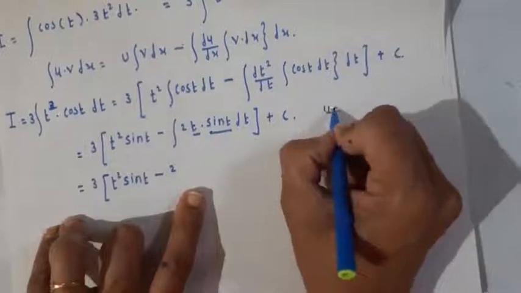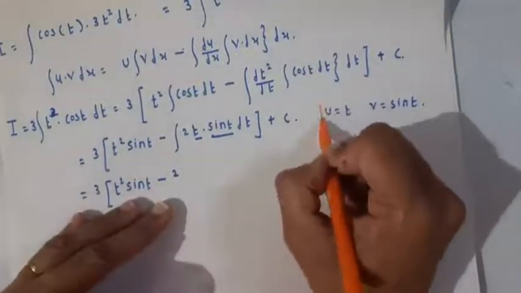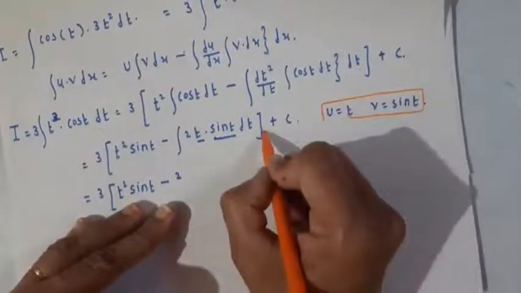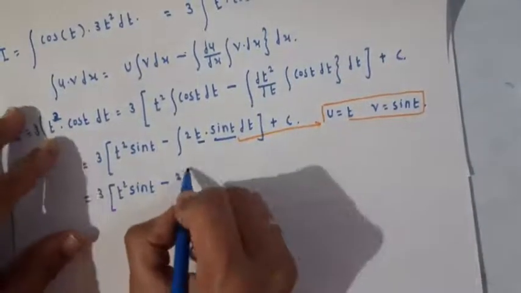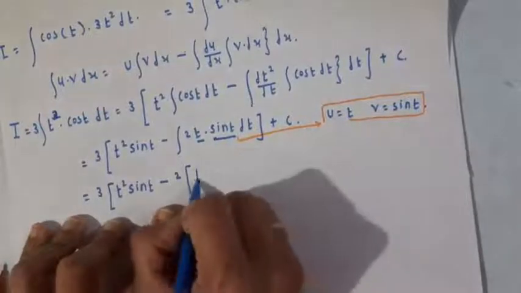Again here u equals t and v equals sin of t. Again for this term use the by parts theorem. So 2 outside the integration, and here u means t.